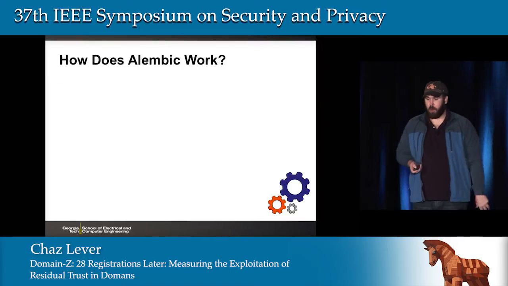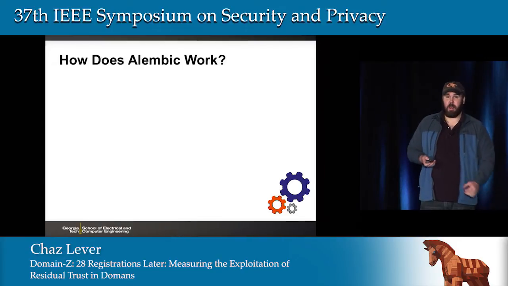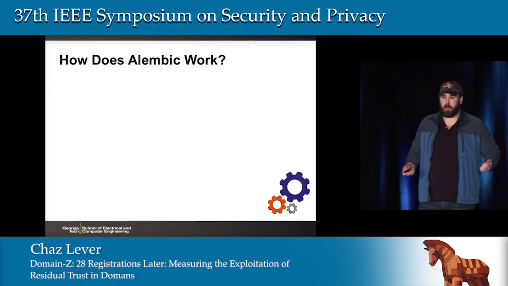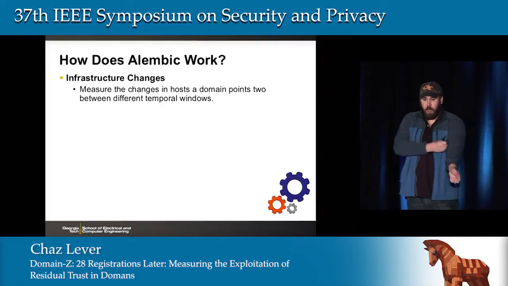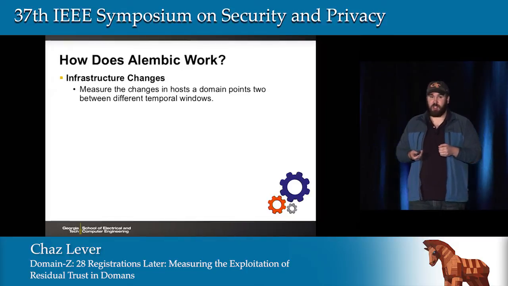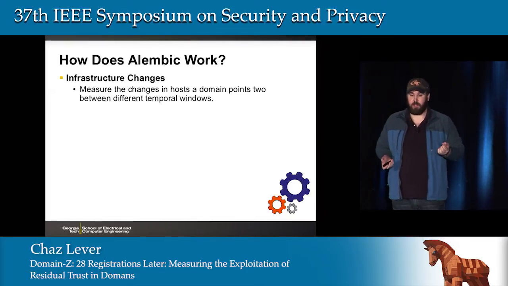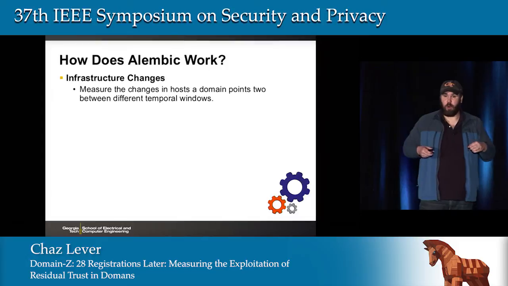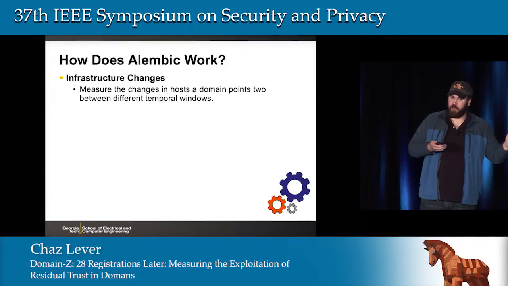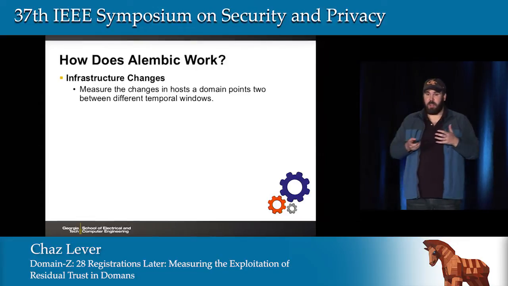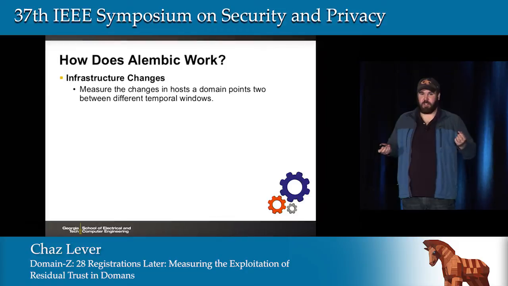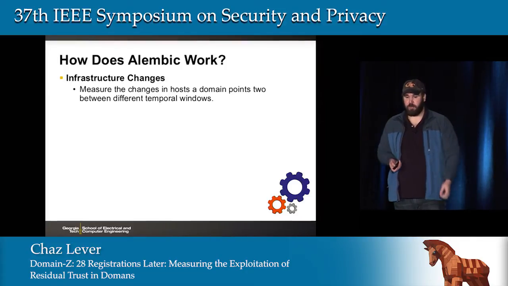So how does Alembic work? Well, we use a window, and within that window, we compute several different components. One is we look for infrastructure changes around a given point in time. So we measure the changes in the host that a domain points to within this temporal window. If we see big changes in infrastructure, this could indicate that they moved to a different host, or it could indicate that there was an ownership change here. But this isn't, by itself, a good enough indicator for a change of ownership.